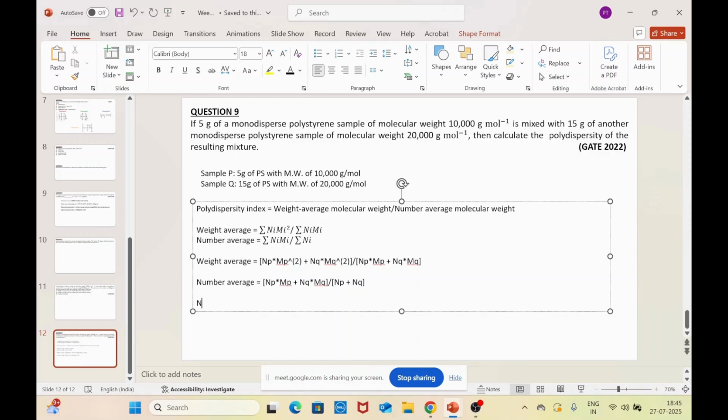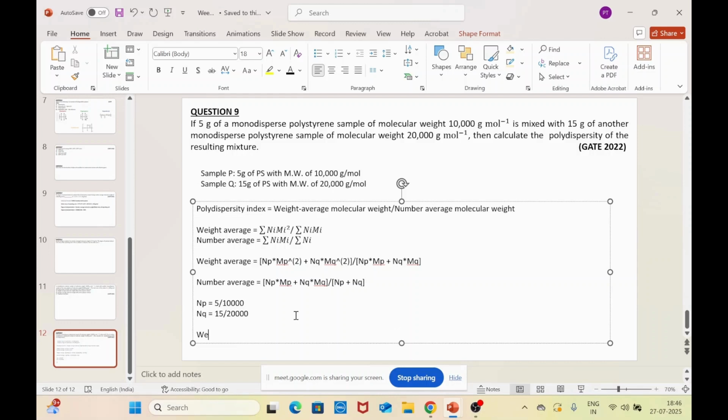NP will be 5 divided by 10,000. And NQ will be similar, so that will be 15 divided by 20,000. Is this fine? Okay. So I think now it is just mathematics.